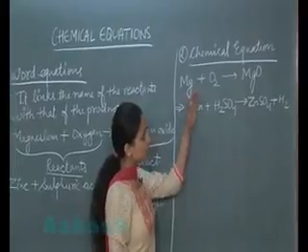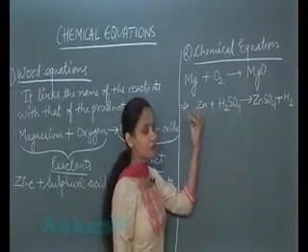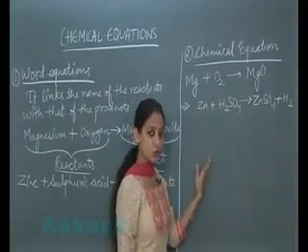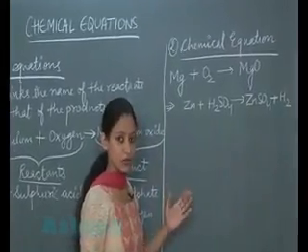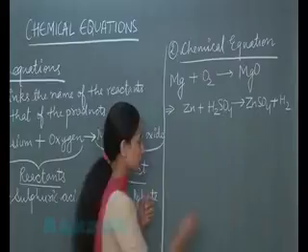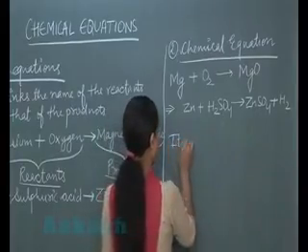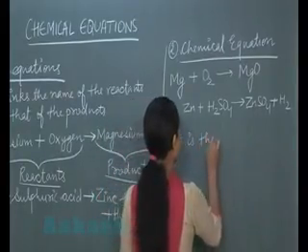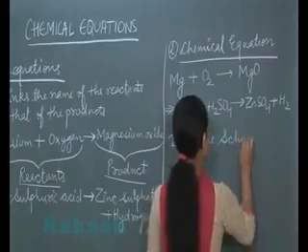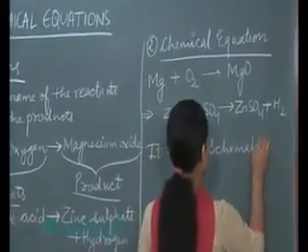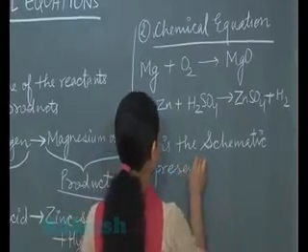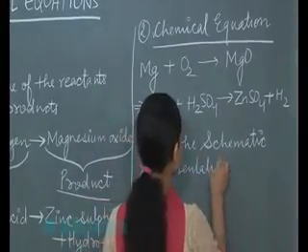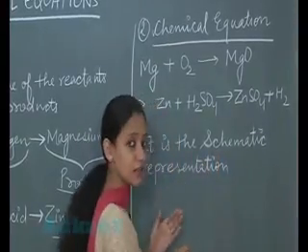So students, a chemical reaction in which the symbols and formulae are used is also known as symbol equation. Now students, what is this chemical equation? It is the schematic representation. It is representing what? It is representing a chemical reaction.